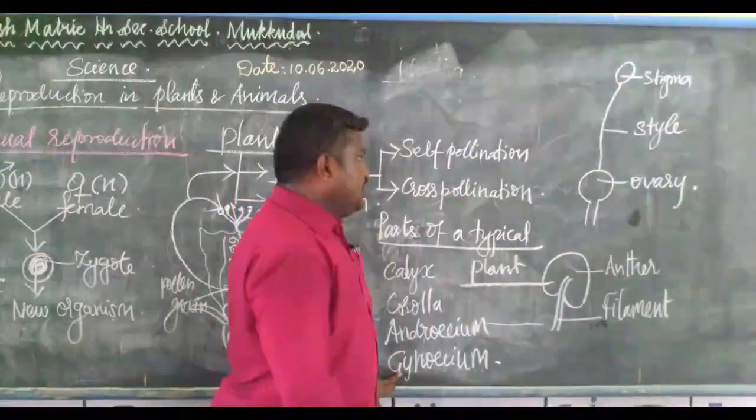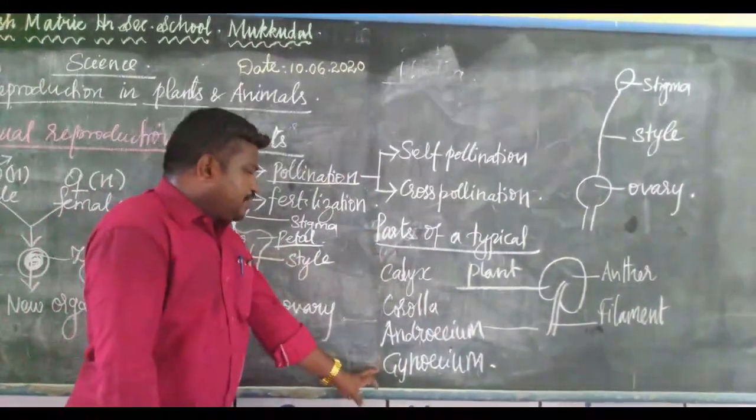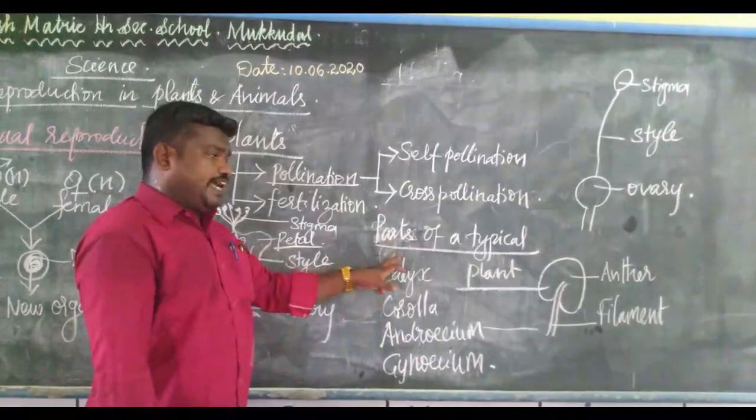Then the gynoecium has three parts: stigma, style, and ovary. The gynoecium is the female reproductive part of the plant. So these are the reproductive parts of the plant.